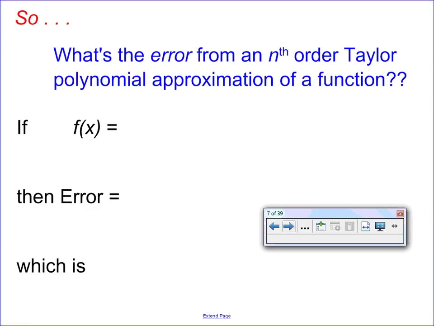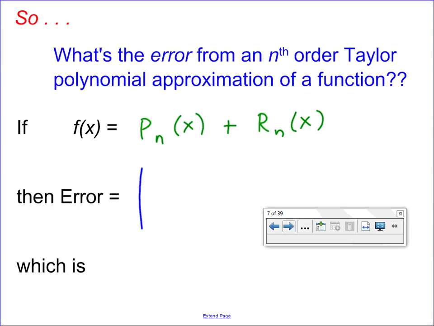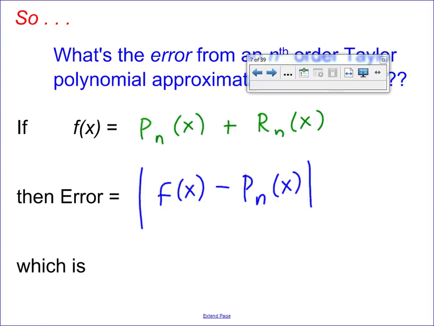So what's the error from that nth order Taylor polynomial? Well, we saw if f is given by p sub n of x plus r sub n of x, then my error, that is the magnitude between the actual function value and my nth order Taylor polynomial predicted function value, is simply the absolute value of my remainder function, R sub n of x.